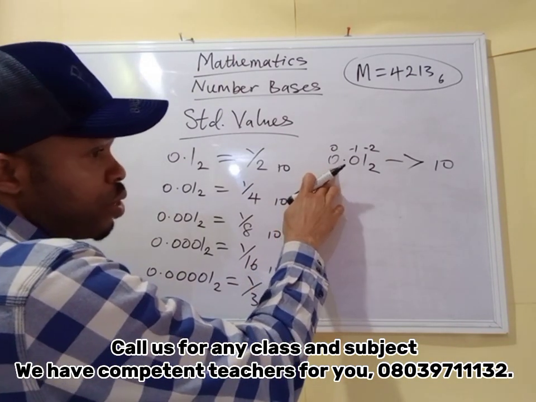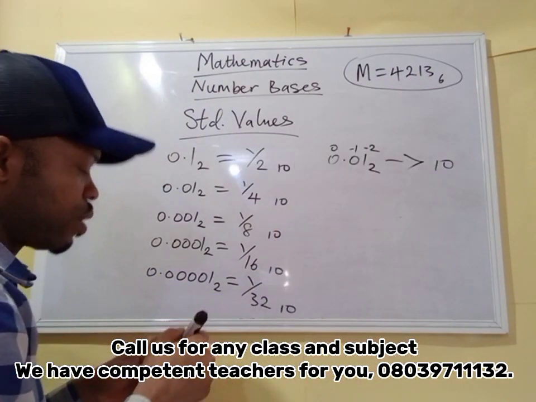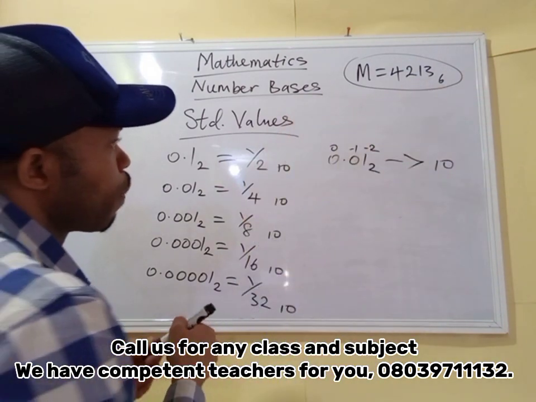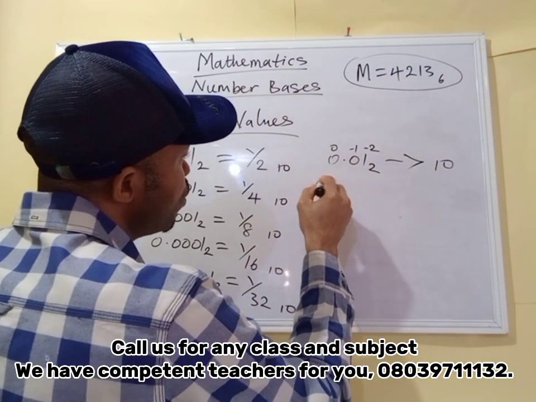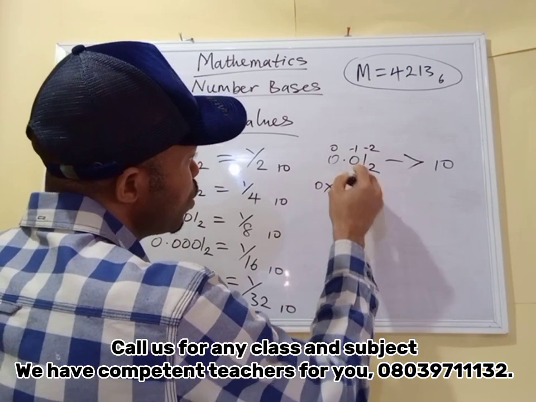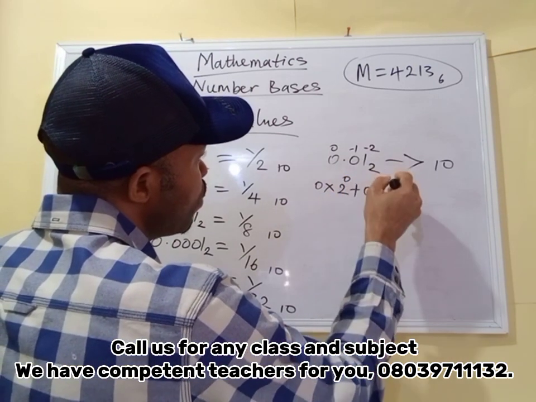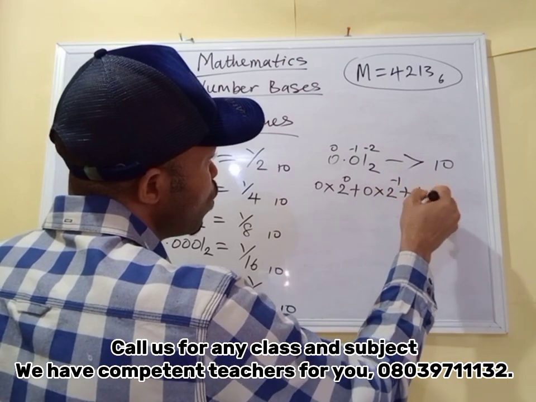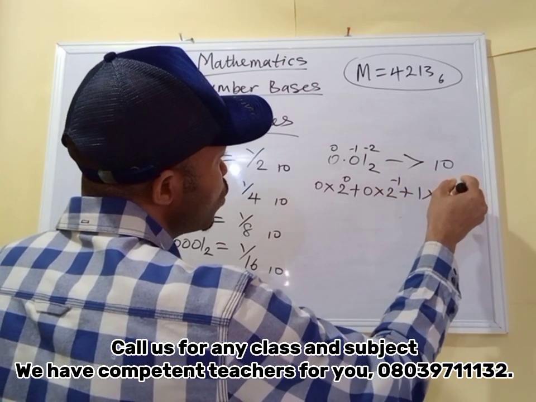When you plot the unit digit to this other side, the powers are in minus. So this will now be 0 times 2 to power 0 plus 0 times 2 to power minus 1 plus 1 times 2 to power minus 2.